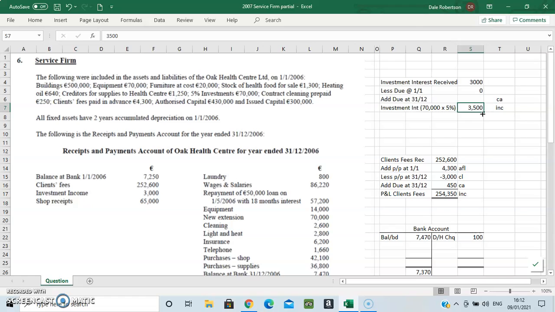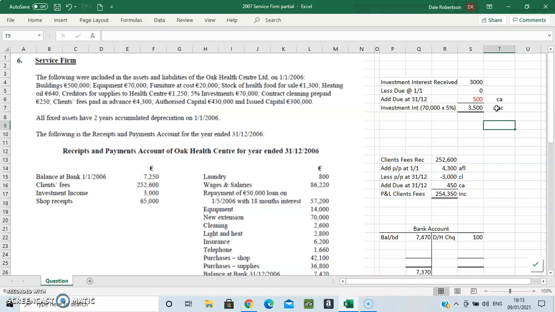So you are expecting and entitled to 3,500. That is your income. If we've only received 3,000 in the bank, that means we are awaiting 500. So that is an amount which is due at the end of the year. And an income due at the end of the year is a current asset. So now you have your total income, which is 3,500, and 500 of that is a current asset because it hasn't arrived yet.